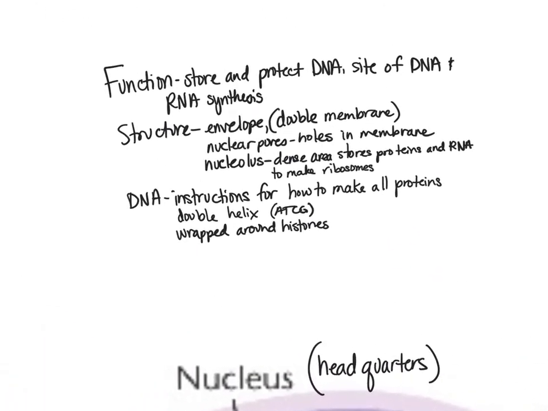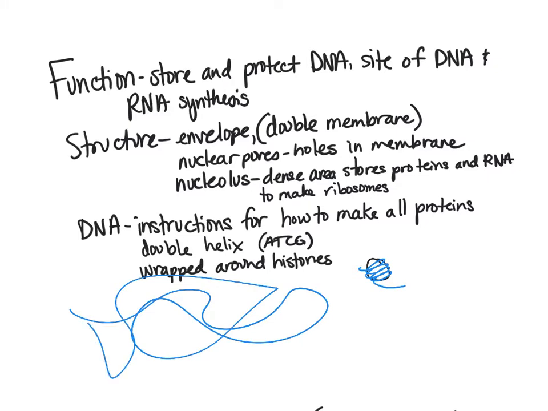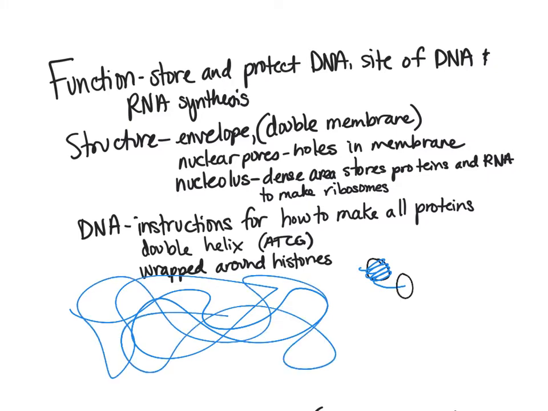But in order to make it nice and easy and compact, we can take these proteins called histones and wrap the DNA around them. Instead of having this long DNA yarn all over the floor, we make it nice and neat and keep wrapping the DNA around these histones.